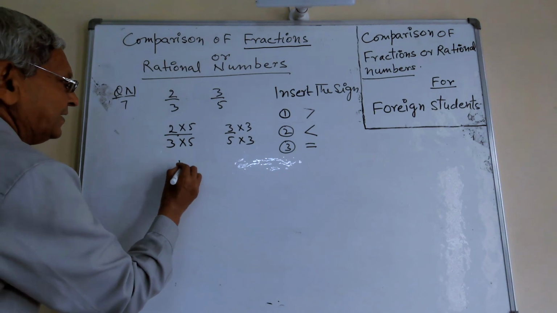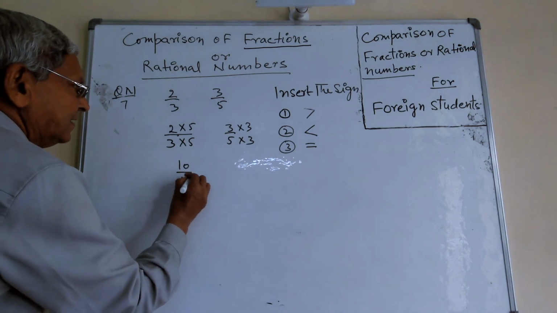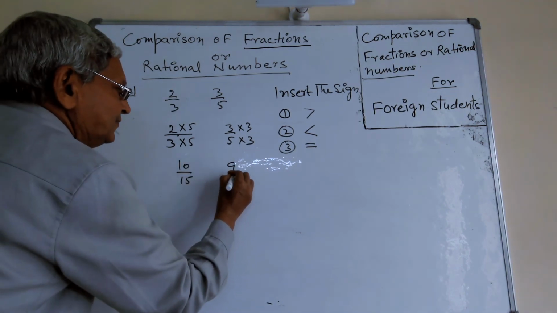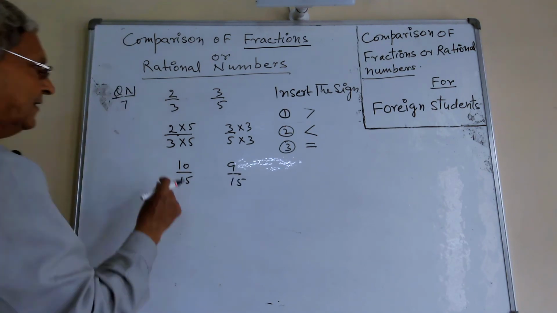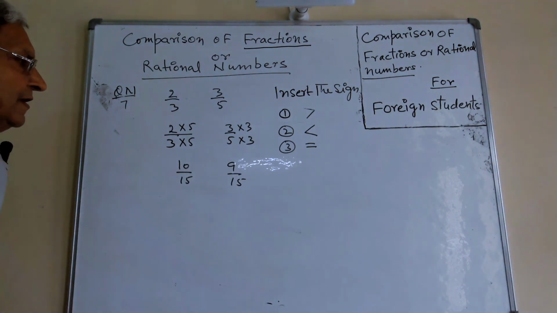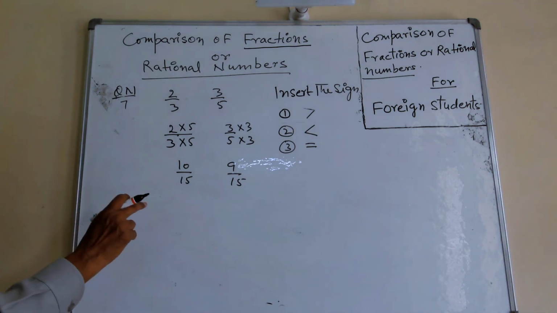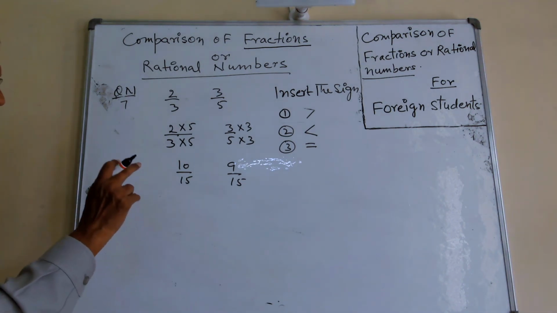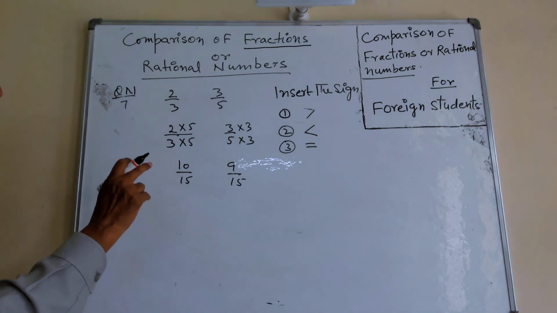Here you see 2 into 5, 10, 15 and 15. Numerators are different and denominators are same. So in this question, when denominators are same you can compare numerators.